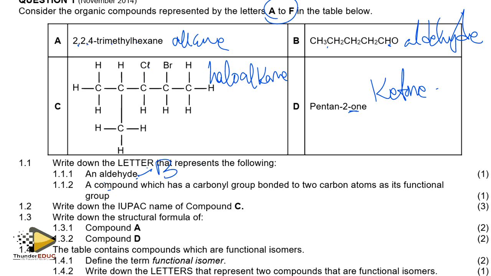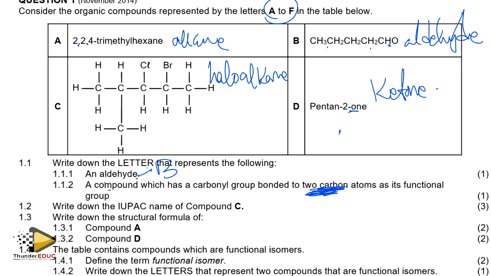So they're looking for, basically, where is it? In this case, they're saying two carbon atoms. It's not one carbon atom, because this and this could be the same.